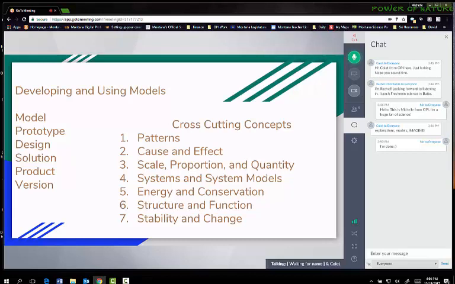It's just beginning to think about those questions and how they go into the different parts of developing and using models according to cross-cutting concepts. Mm-hmm. I really think about structure and function and patterns too as you build prototypes or build succeeding prototypes. Like you were just saying, Chris, maybe you're only building or modeling part of something, so you really have to pay attention to the structure and how it is serving that function.